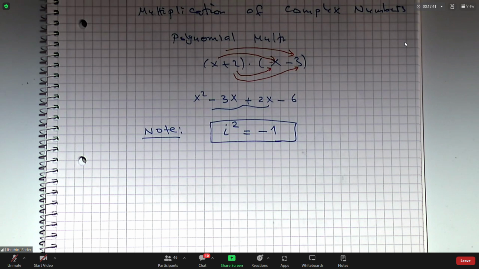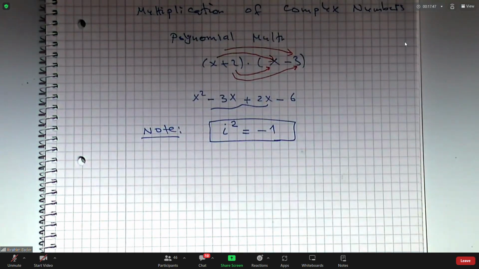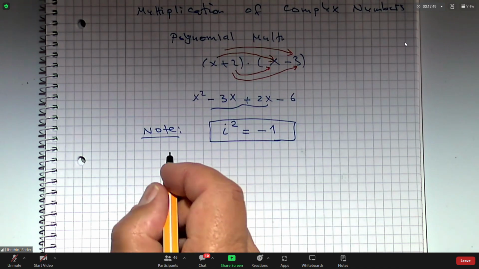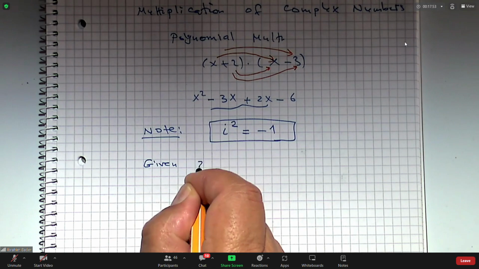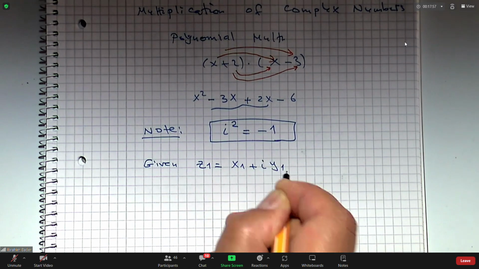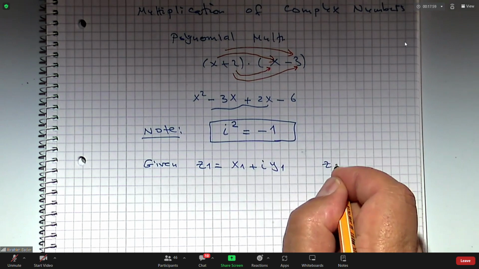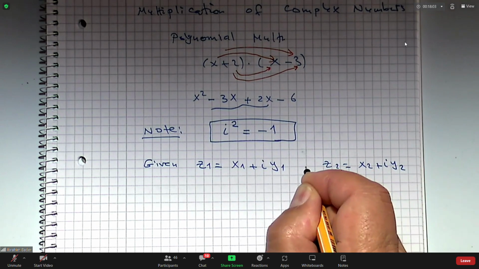And this is a real component. This is a real number, right? Okay. So let's assume here again, we have two complex numbers. Again, as always, z1 equals x1 plus i y1, and z2 equals x2 plus i y2.